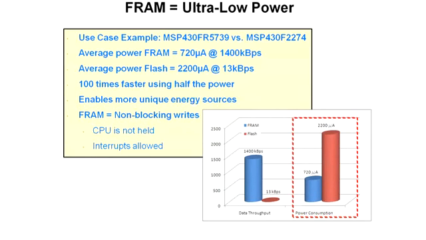So it's 100 times faster using half the power. That enables you to use more unique energy sources, for example, energy harvesting via vibration, via heat, via solar. The FRAM also implements non-blocking writes. The CPU is not held up and interrupts are allowed during the programming.